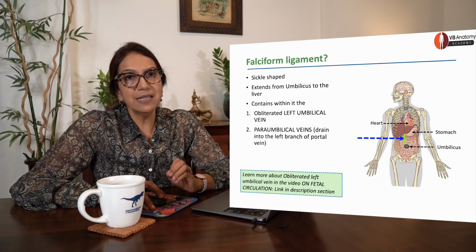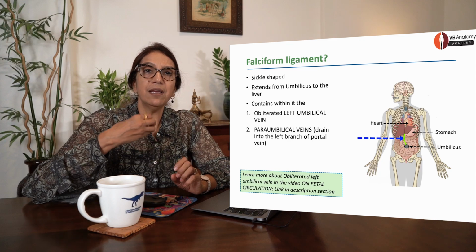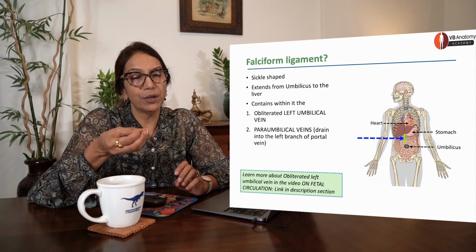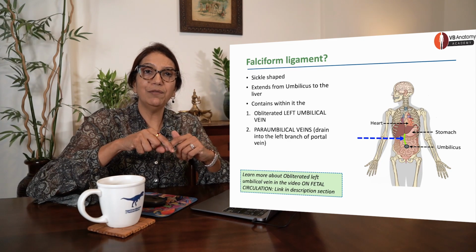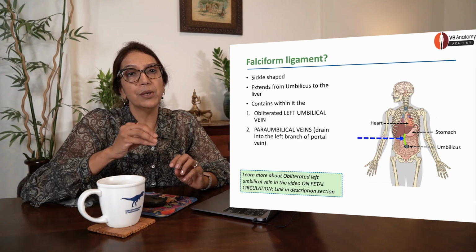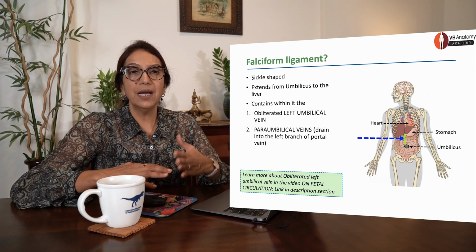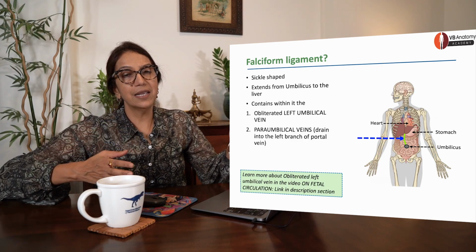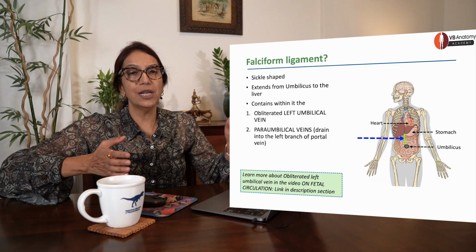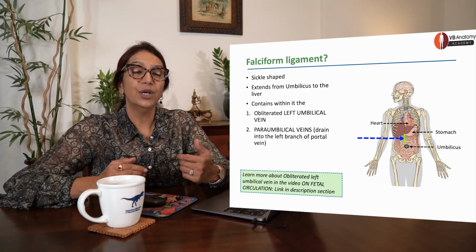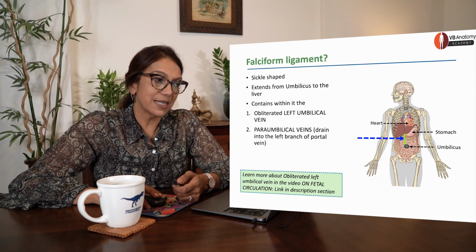Paraumbilical veins are veins that are draining into the left branch of portal vein. At the level of the umbilicus, they are able to communicate with veins which are draining your anterior abdominal wall. Thus, portal vein and systemic venous circulation communicate with each other through these paraumbilical veins.